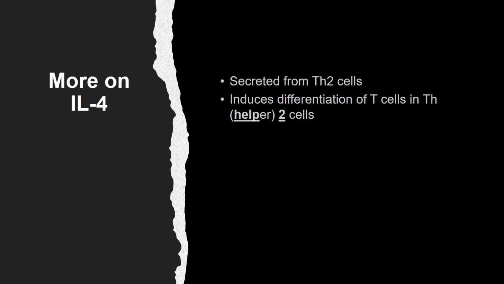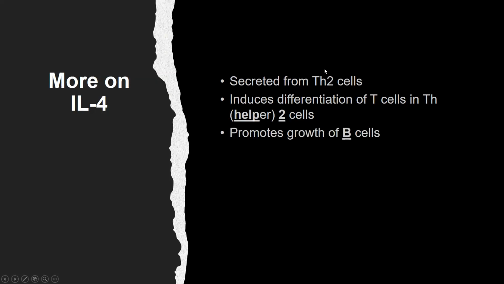IL-4, that's going to be the E in steak, secreted from our Th2 cells. So it's going to cause IgE, right? It's going to help with stimulating IgE secretion, the antibody. Th2 is all responsible for the allergic or parasitic response. It'll induce differentiation of T cells into T helper 2 cells. It's going to encourage the body to create more Th2 cells.